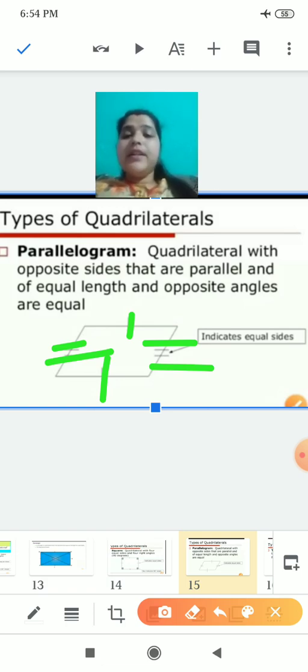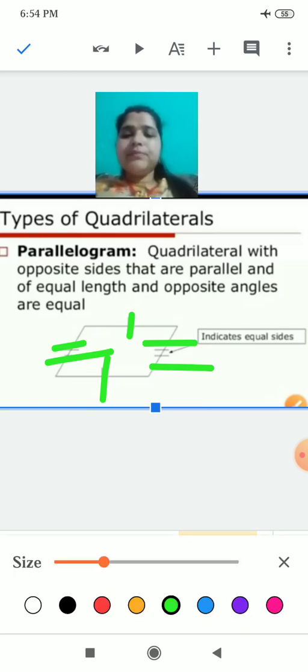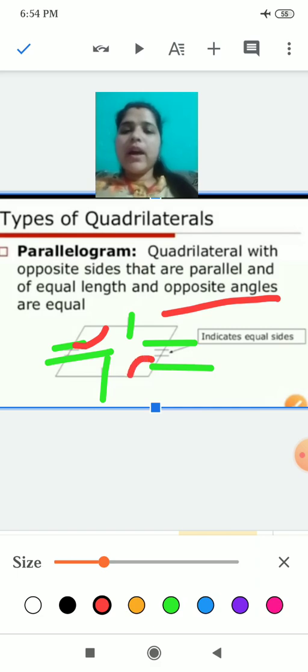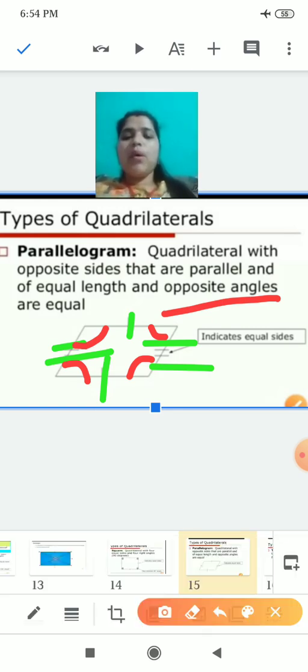You can observe here, if this angle is equal to this, then this angle will be equal to this angle. Its opposite sides are parallel and equal, simply you can say. And its opposite angles are also equal. This is the property of a parallelogram.